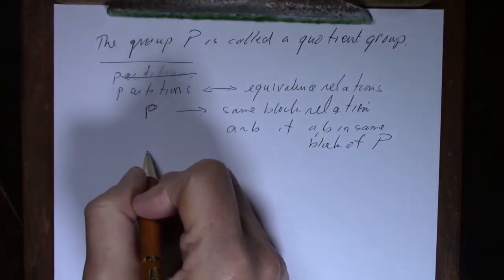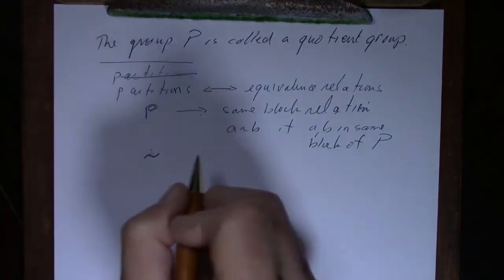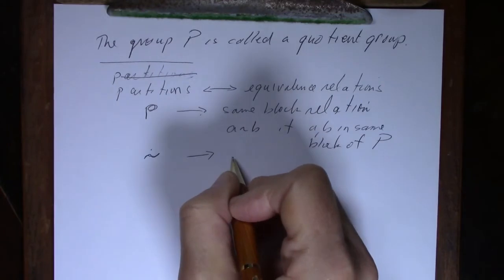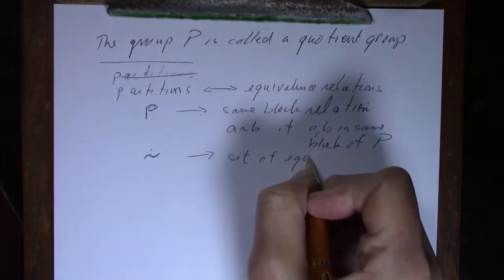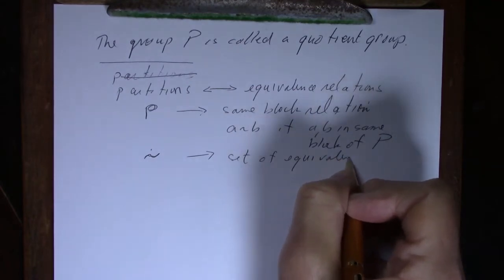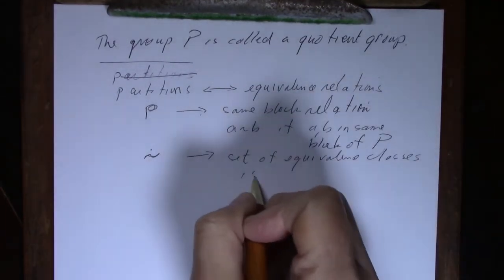And if we start with an equivalence relation, which I'm going to denote by squiggly line, then the set of equivalence classes is a partition.